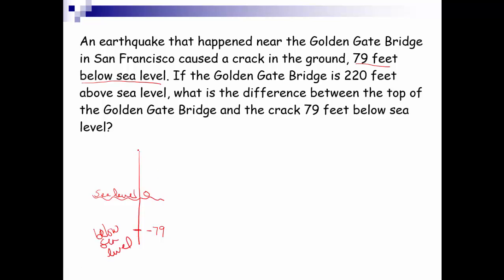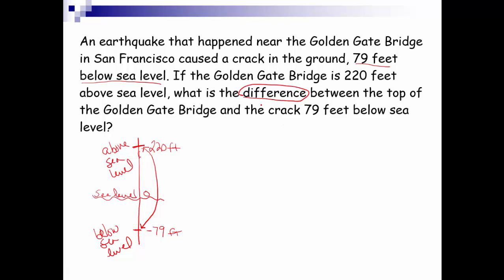And then we take a look at the Golden Gate Bridge, and the Golden Gate Bridge actually stands way up here at 220 feet above sea level. So what they want is this distance from negative 79 below sea level up to 220 above. And they ask us to find the difference that will give us that distance.